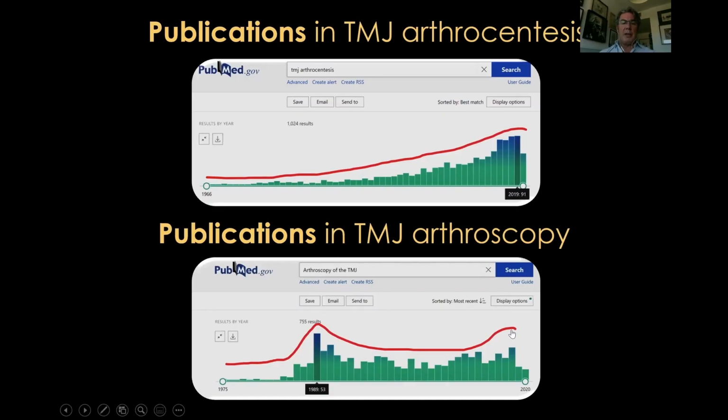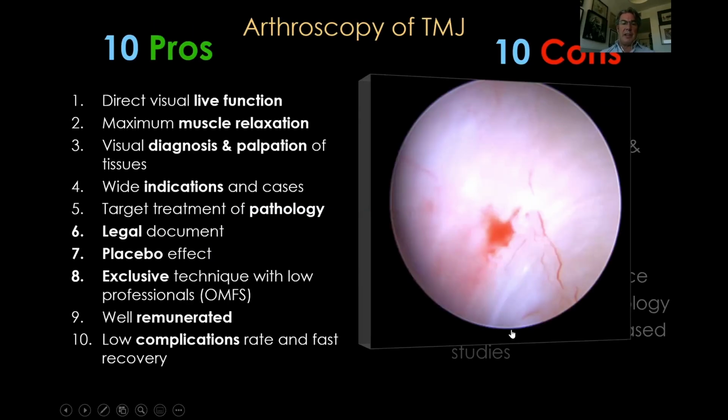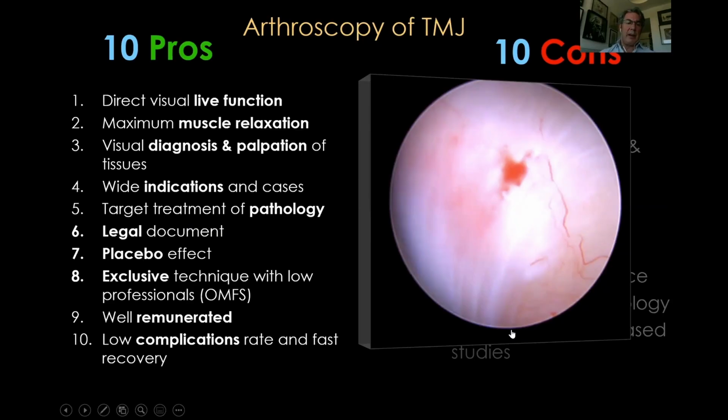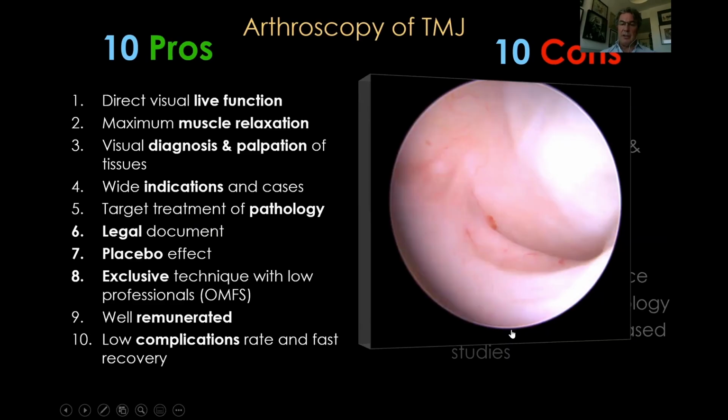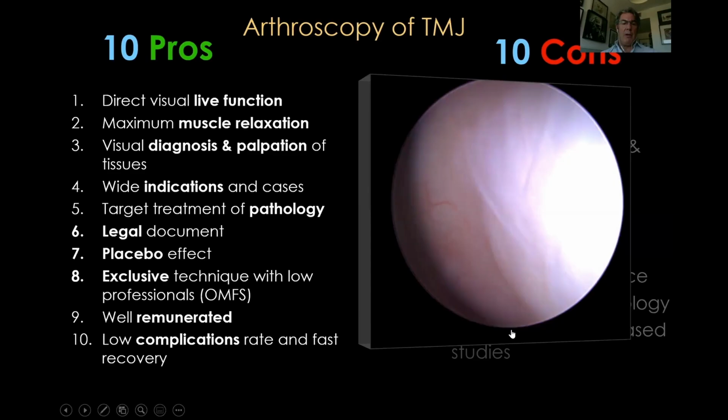So what are the pros of this technique, arthroscopy? We have direct visualization of the joint, which is the only way to do it. We have maximum muscle relaxation because it's under general anesthesia. We can do visual diagnosis and palpation of the tissues. There's no other way to do it. We have wide indications.